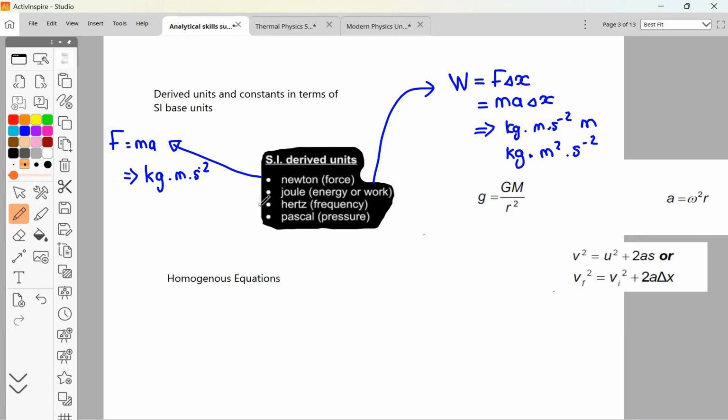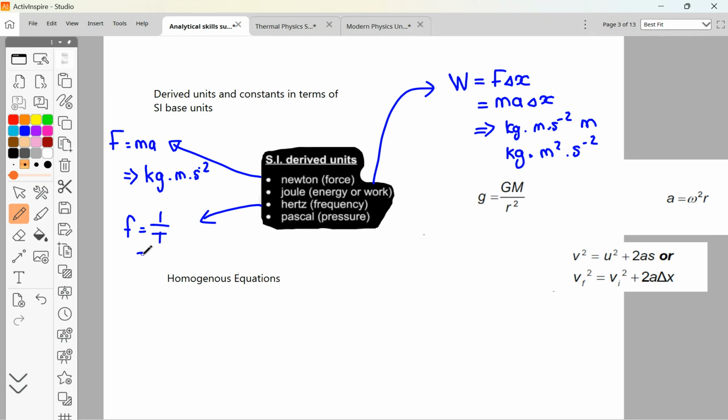I'm going to do the other two very quickly, because hertz could pop up in an oscillation question. There are a few equations again that you could use for hertz. Hertz is frequency, which is, you get an equation on your core physics that says 1 over T, which is the period.